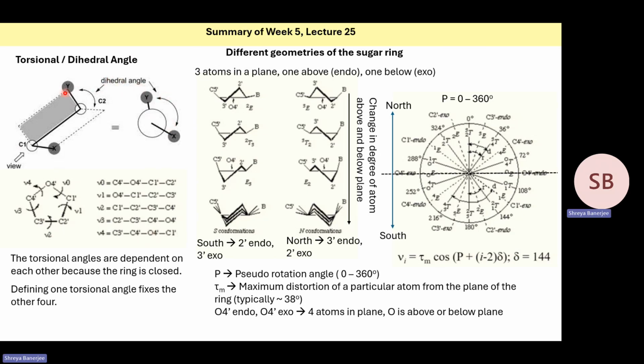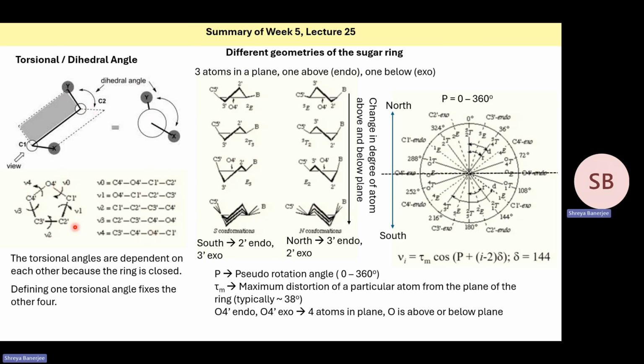It can also be known as the angle between 2 planes. So X, C2 and C1 form one plane, and Y, C2 and C1 form another plane. The angle between these planes is called the dihedral angle.